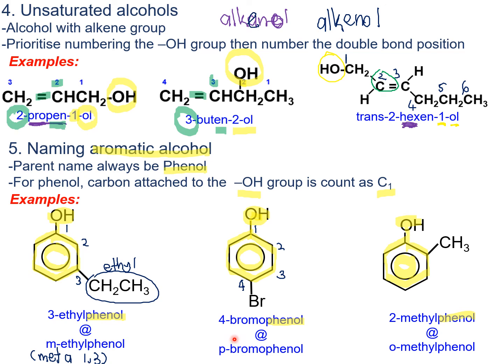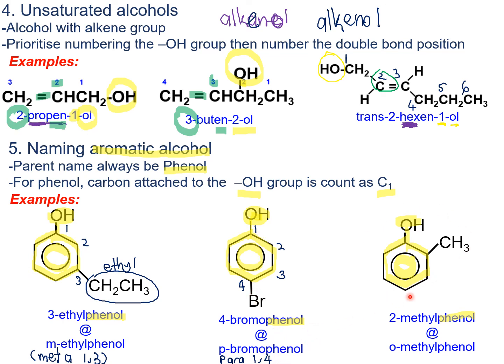So you can name it as 4-bromophenol or p-bromophenol. P ni maksudnya para. Para ni dia nak explain position of benzene ring yang ada 2 substituent dekat carbon number 1 and also 4. Okay, carbon number 1 ada OH, 4 ada Br.